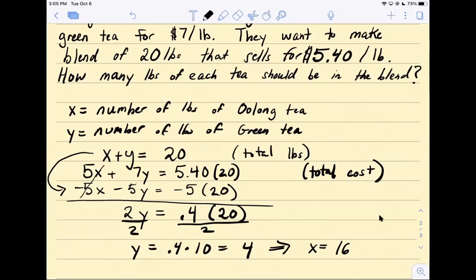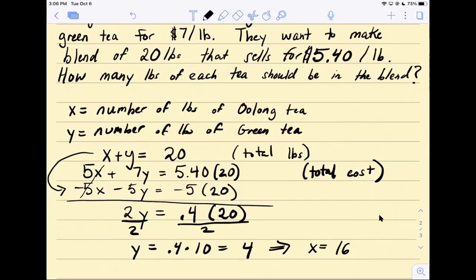And in fact, what's really happening here is this is a weighted average, and it's not a coincidence that 16 to 4 is in a ratio of 4 to 1. If you look at how the pricing works, from $5 to $7 is overall $2. So 40 cents is 1 unit.